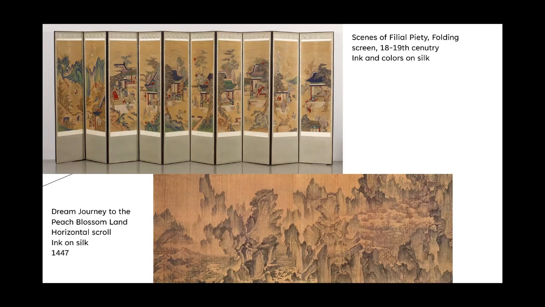Now, the second painting I chose for this is Dream Journey to the Peach Blossom Land. It is a horizontal scroll with ink on silk. This was created by the artist Anguirol in 1447.